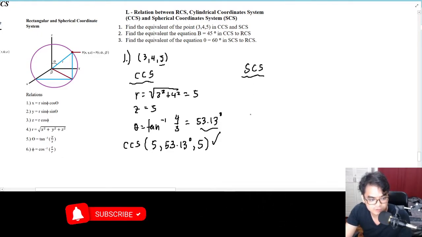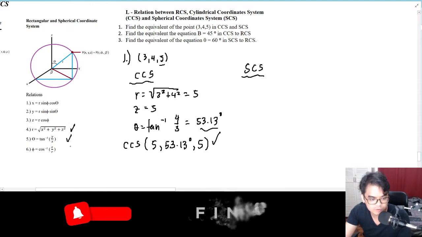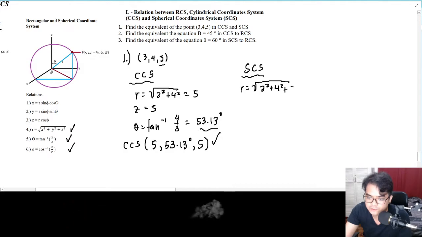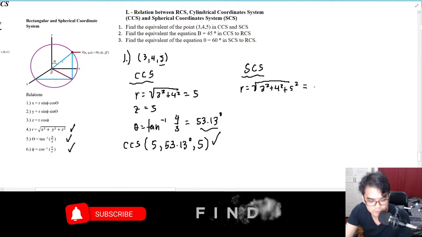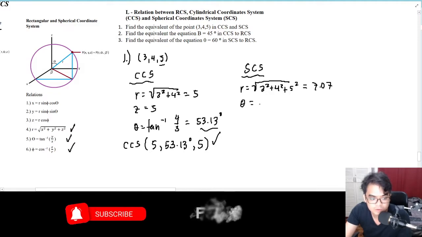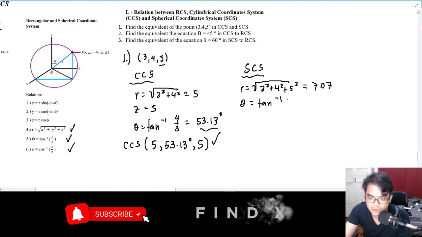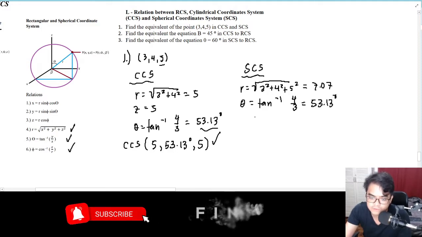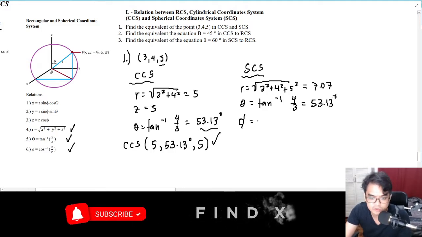Next, for the spherical. Again, that's 3, 4, 5. You can just use these formulas. R is equal to the square root of 3 squared plus 4 squared plus 5 squared, which is 7.07. You can just use your calculator if you want. For theta, arctan y over x, 4 over 3, this is actually the same, 53.13. Then phi is the arc cosine of z over r.